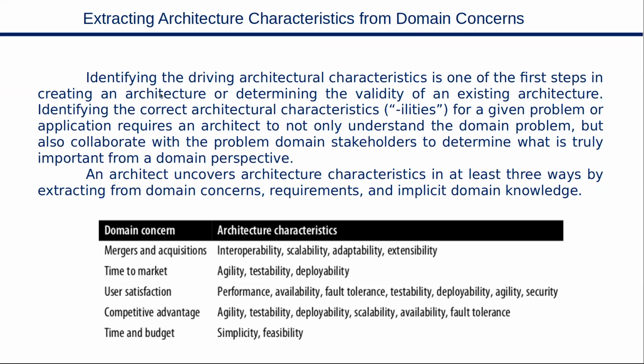So identifying the driving architectural characteristics is one of the first steps in creating an architecture or determining the validity of an existing architecture. First of all, you have to collaborate with the problem domain stakeholders to determine what is truly important from the domain perspective for them.